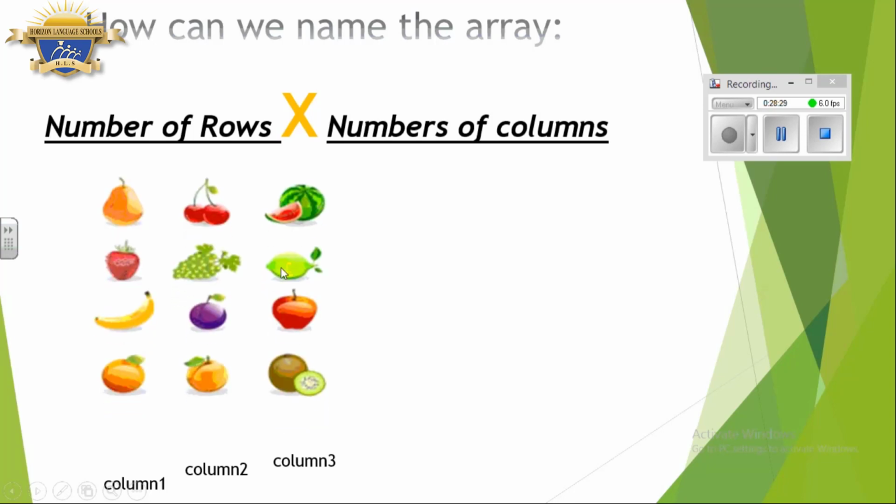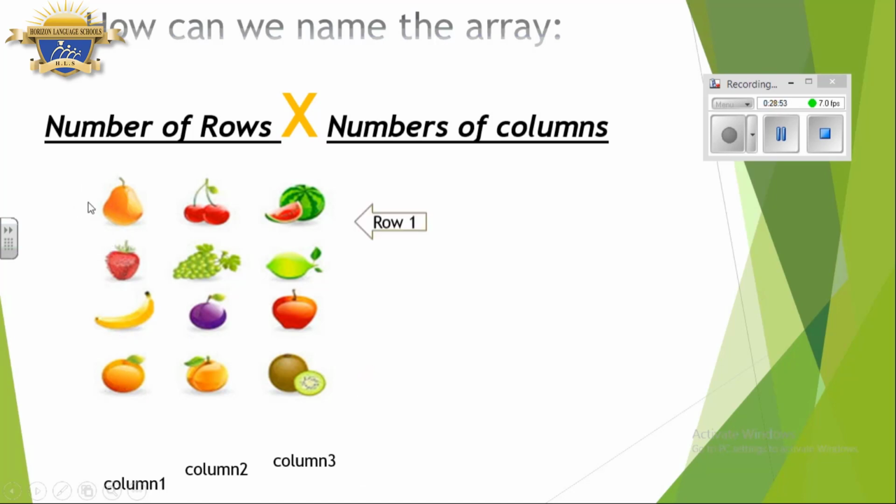Let's take an example. How many rows do I have in this array? Let's count them together. Remember, row is horizontal, it comes right and left, and column is vertical, it comes up and down.